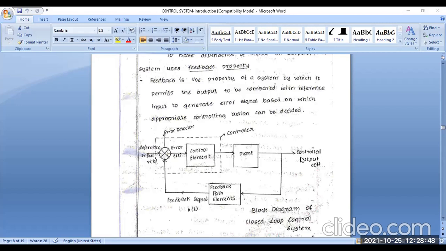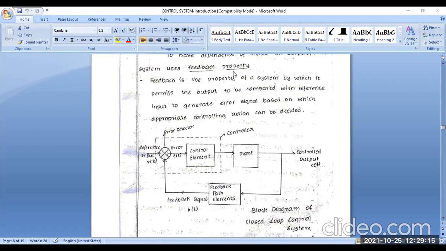Again, this output section is attached to one feedback loop or feedback path into the corresponding input section, to this set point or reference point. So this is the feedback signal, which we denote here as b(t), and the controlled output as c(t). So first we are given this block diagram.